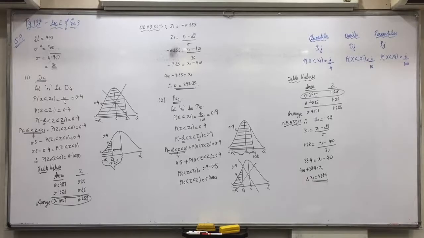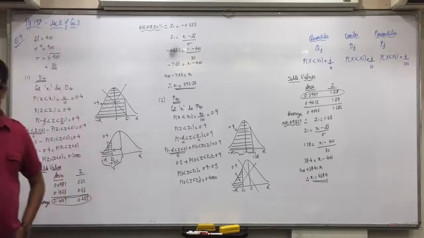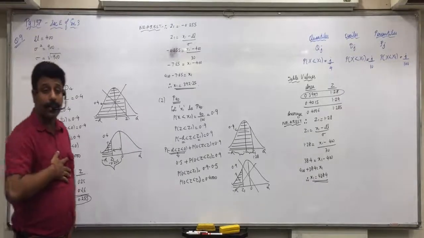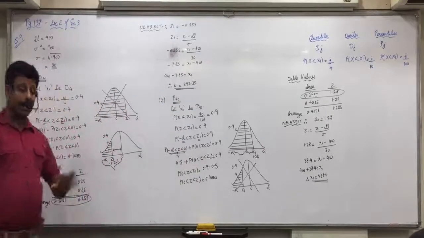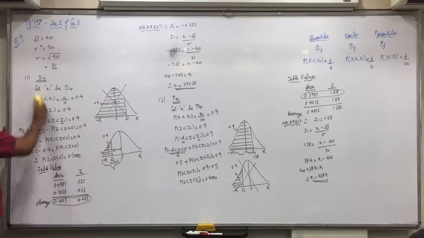Thus the 90th percentile is 438.4, and its interpretation is that 90% of observations are less than 438.4. Understood this, everyone?